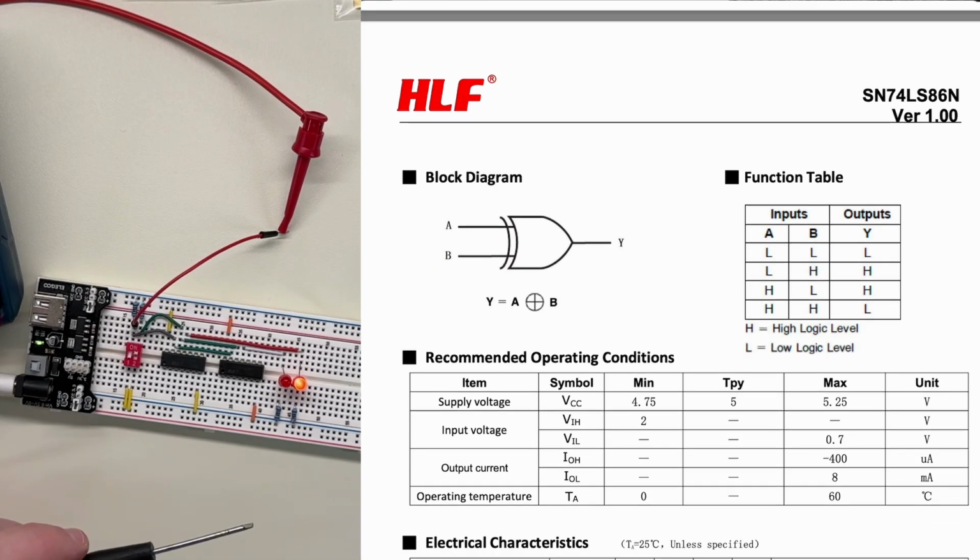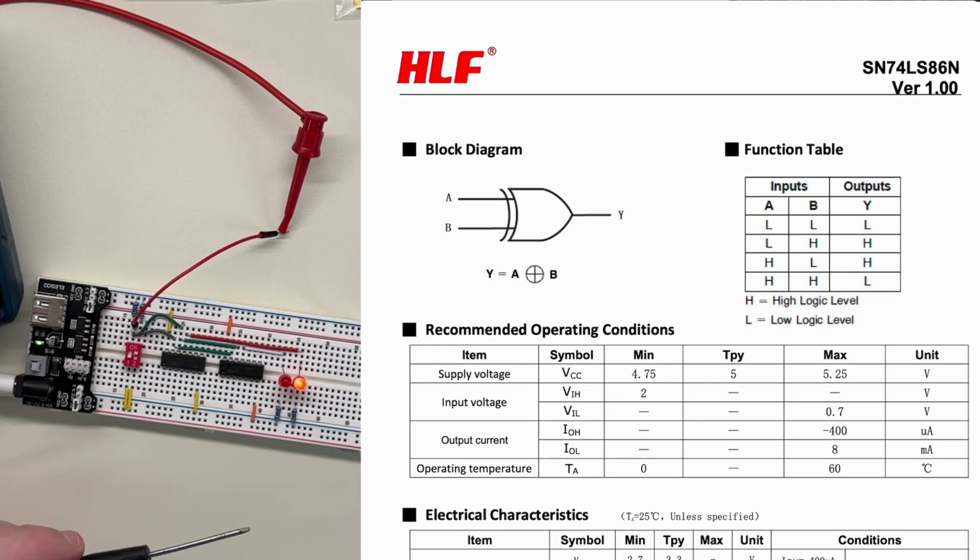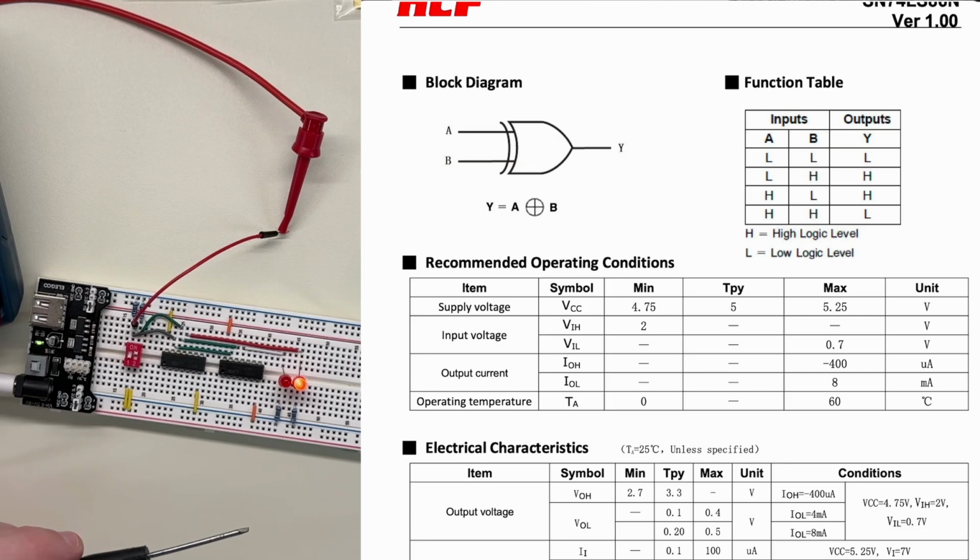Okay, voltage. This is probably the stuff that I need to look at here. Okay, supply voltage. It says VCC's minimum is 4.75, typical, I suppose, and then maximum 5.25. So it can handle between 4.75 and 5.25 volts and still function, I guess. And input voltage, okay, VIH. I assume that means the high signal has to be at least 2 volts.